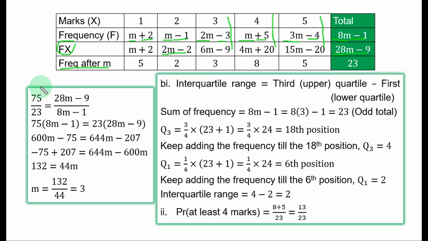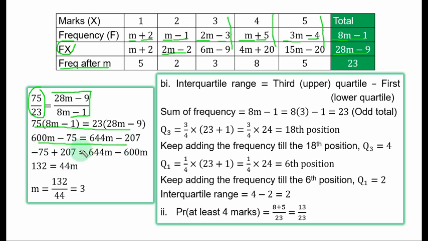If you convert to this fraction, you have 75 over 23 equal to summation of fs over summation of f. To clear fractions, simply cross multiply in this form. You open the respective brackets and you have this result.